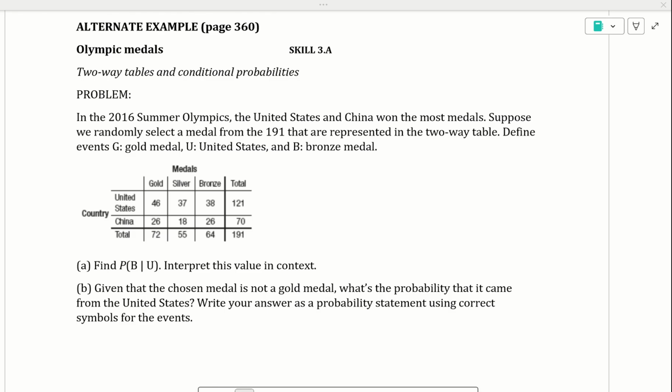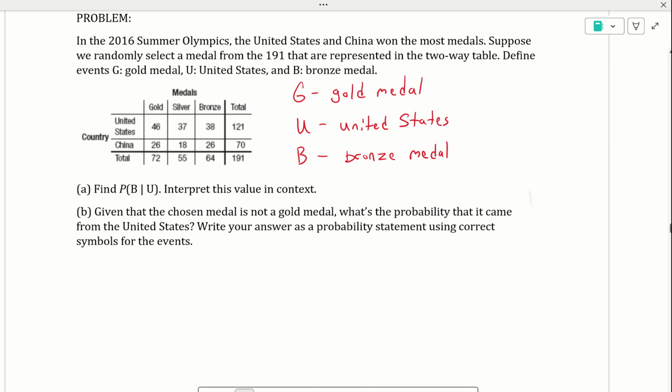Define events. G is a gold medal. U is the United States. And B is bronze medal. Part A here.